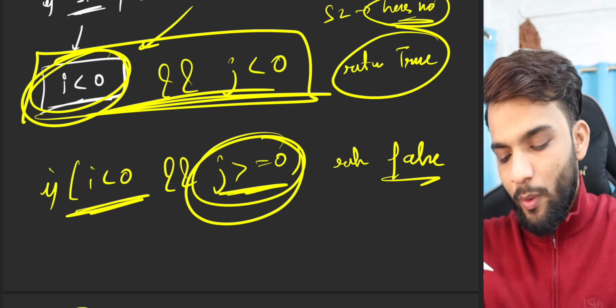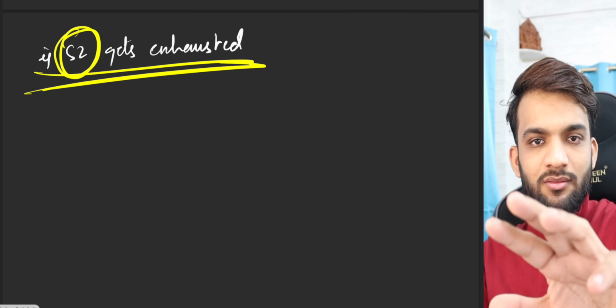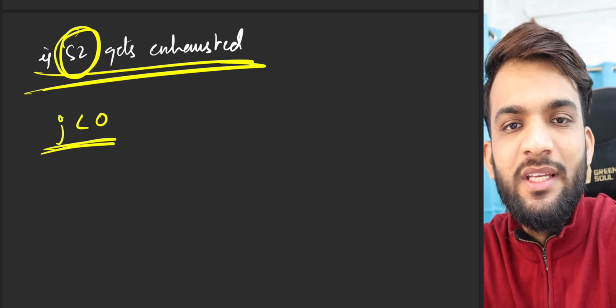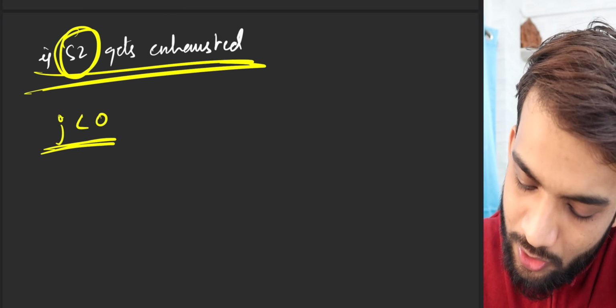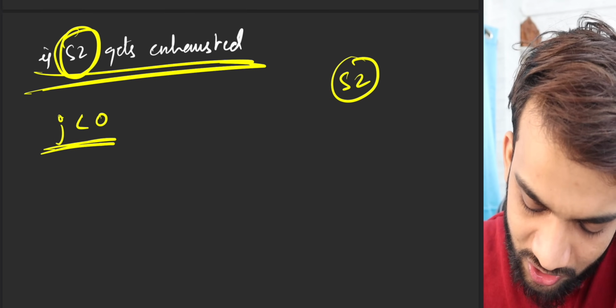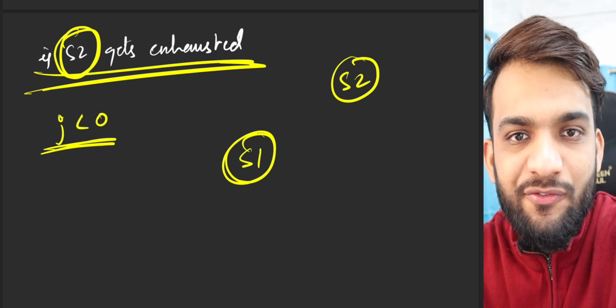But there can be the other way, where j is less than 0, which means the second string got exhausted, but on string s1 you still have something.